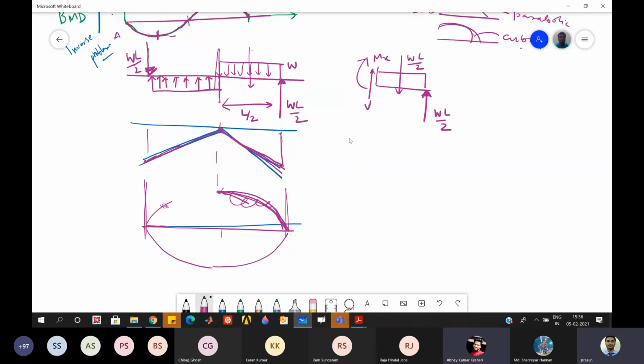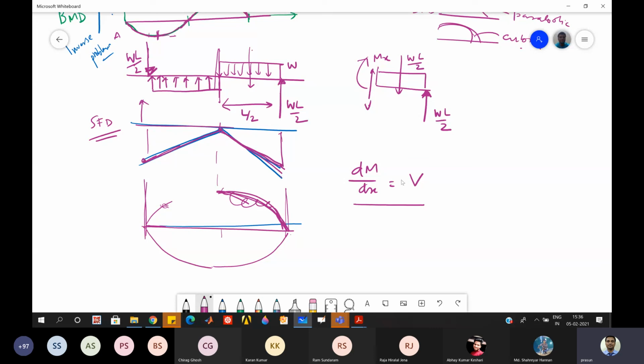See this, let me just write down. dM by dx is V. And here V is negative and maximum. So that means the slope will be negative and maximum, right? This is the shear force diagram, no?